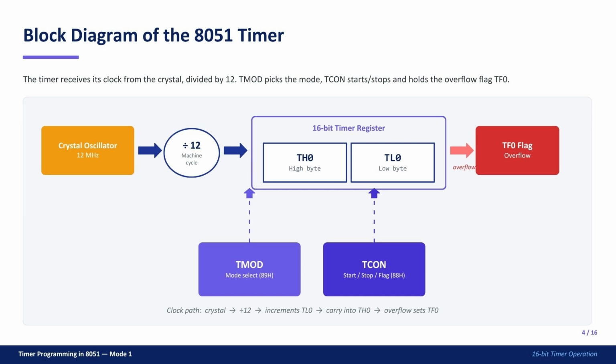When the timer counts all the way up to its maximum value, FFFF in hexadecimal, and then rolls back to 0, the TF0 flag automatically becomes 1. This flag is our signal that tells us that the delay is over.